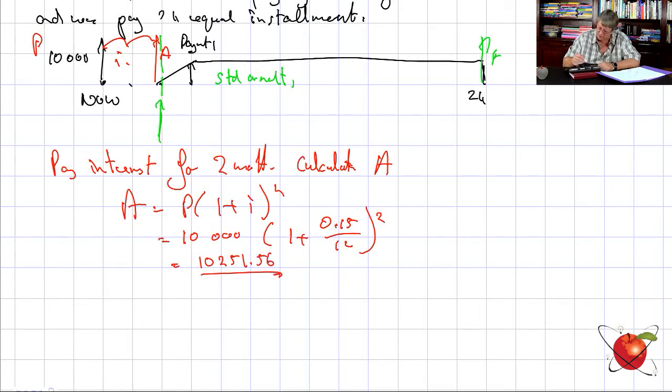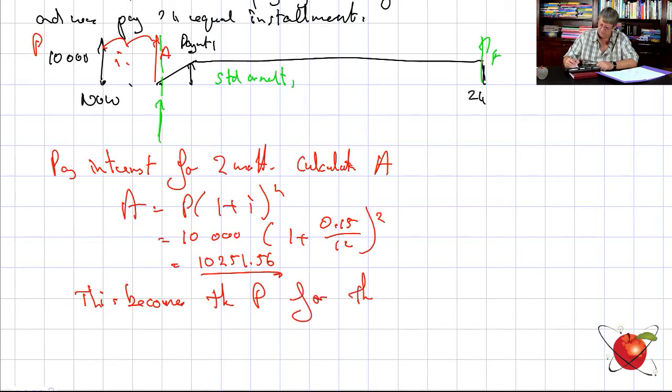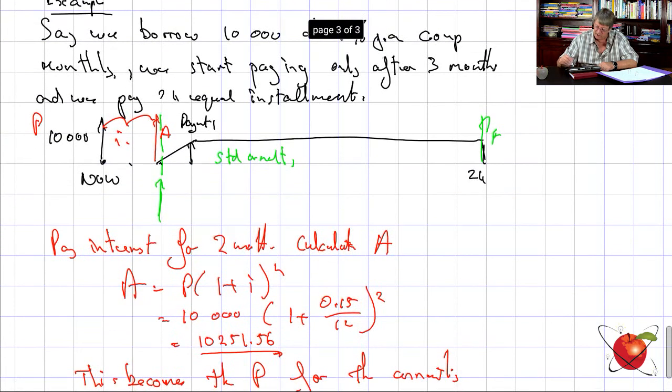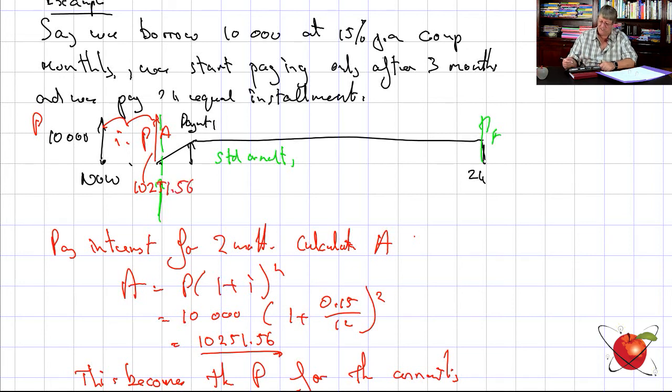That is the actual amount. This becomes the P for the annuity, doesn't it? Let's go and check it out. This becomes P because now I actually owe 10,251.56.